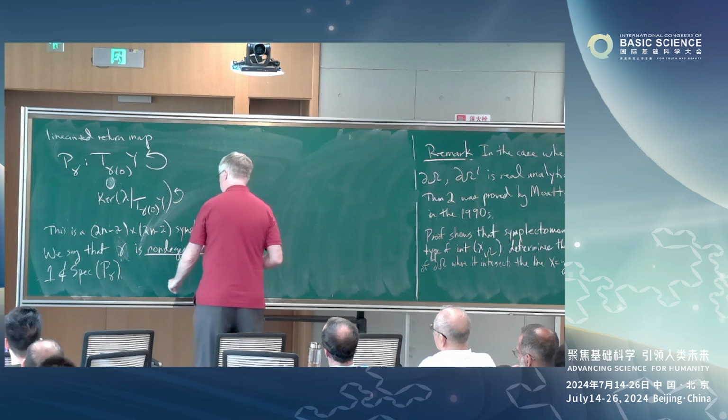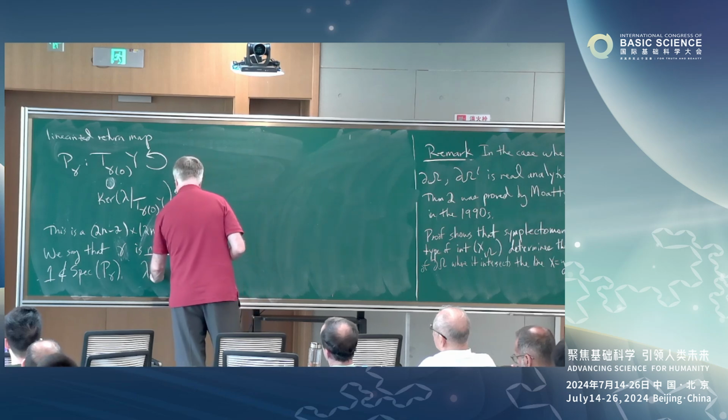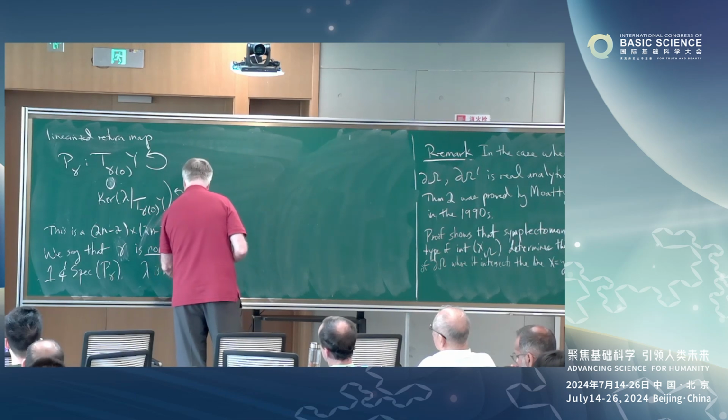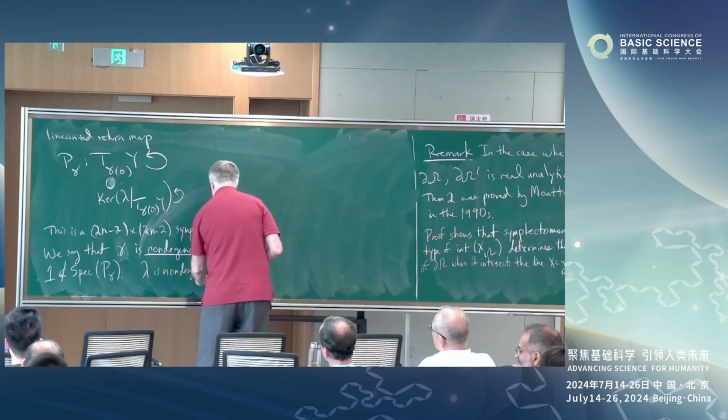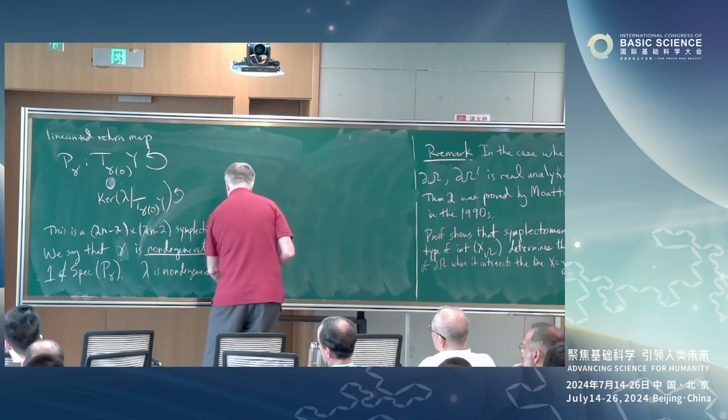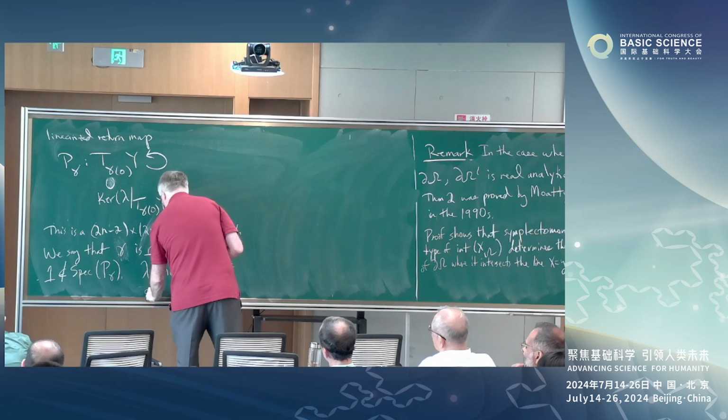And we say that lambda is non-degenerate if all Reeb orbits are non-degenerate.